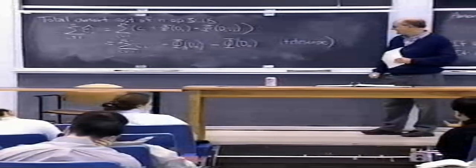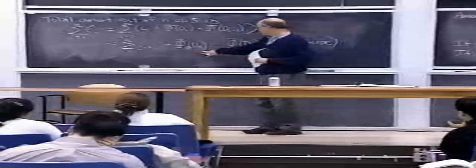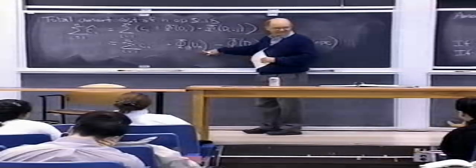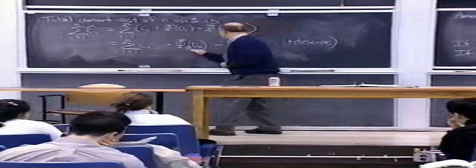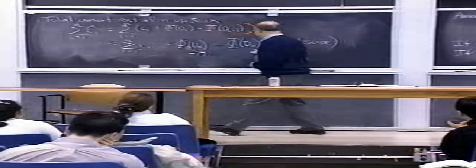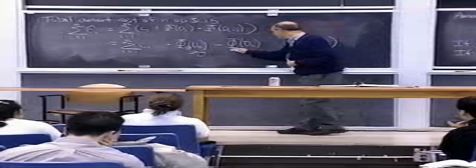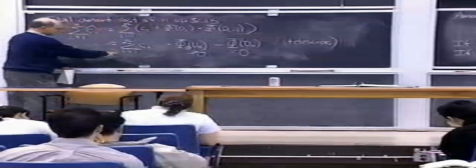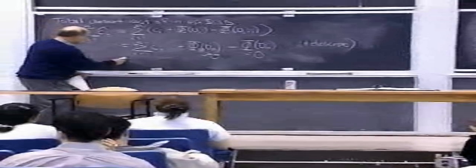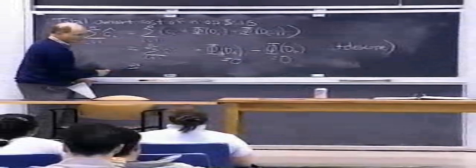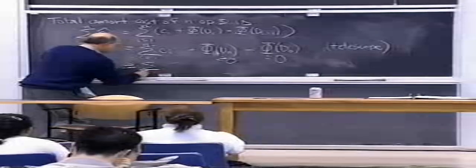So what do I know about phi of Dn? It's greater than or equal to 0. What about phi of D0? That's equal to 0. So what do I know here? Yeah, amortized cost is greater than or equal to the sum of the true costs.